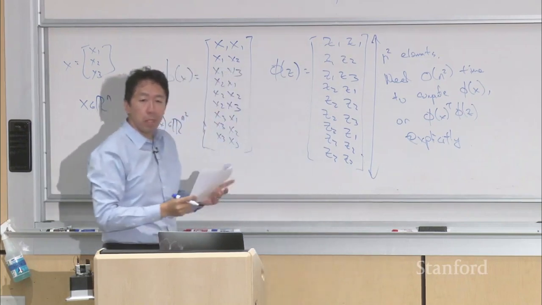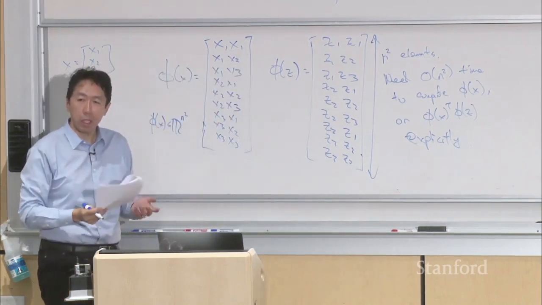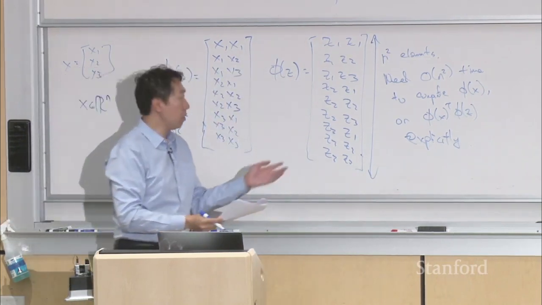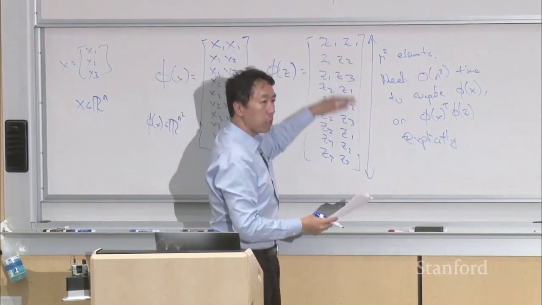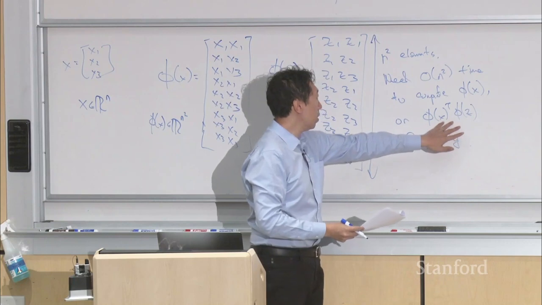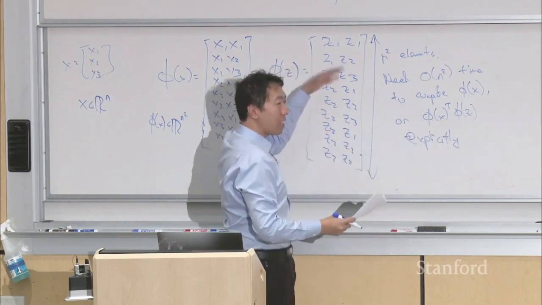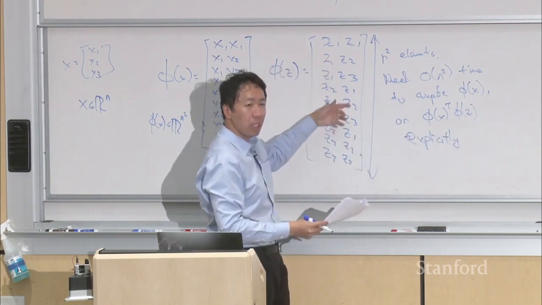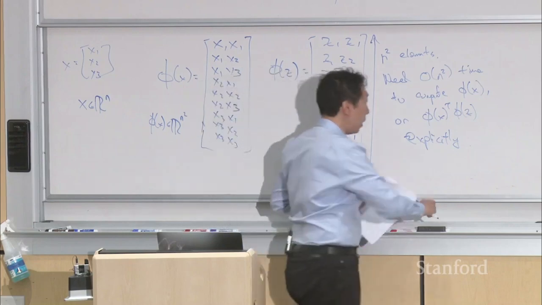So if you want to compute the inner product between phi of x and phi of z, and you do it explicitly in the obvious way, it'll take n squared time to compute all of these products and then sum them up. It's actually n squared over 2 because a lot of these things are duplicated, but that's still order n squared.